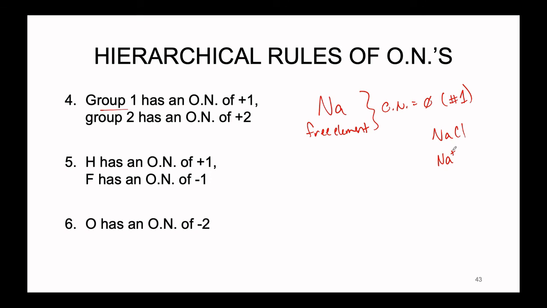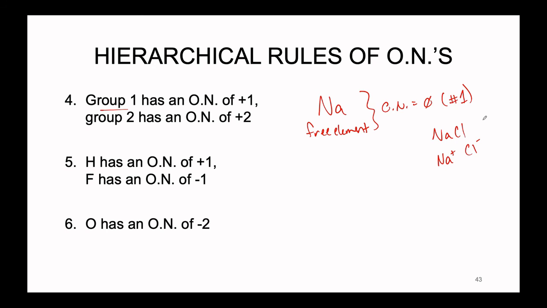Since this overall compound has to be charge neutral, this tells us that our chlorine must have a charge of -1 and therefore also a -1 oxidation number. Rule number 4 also pertains to when you start mixing and matching groups 1 and 2 elements with other elements, either chlorine, like we can see here, or fluorine, which is listed in the next rule. These cations will have their charges of +1 and +2 before anything else.